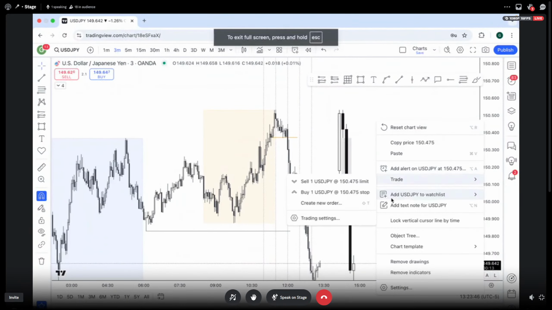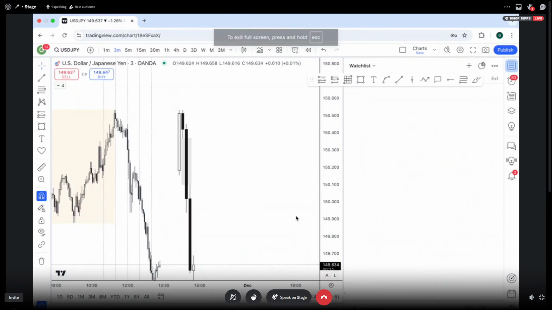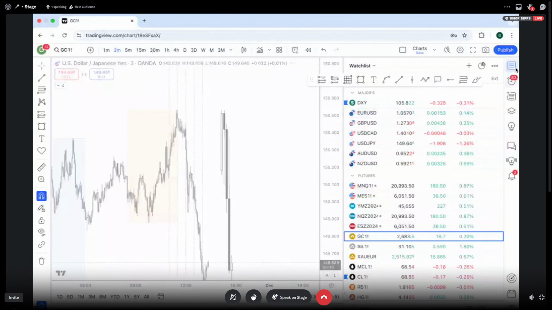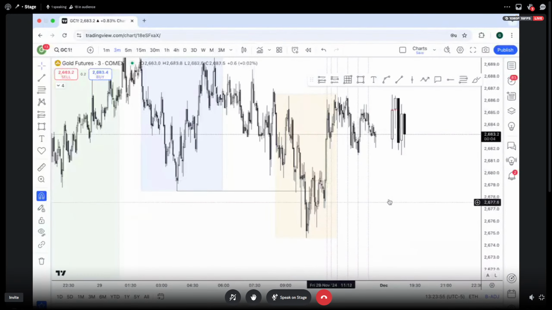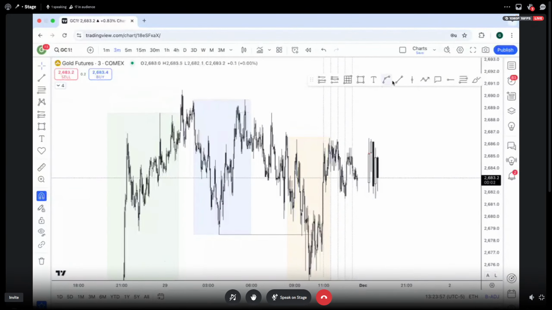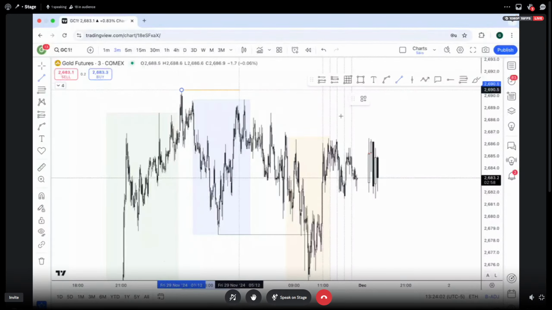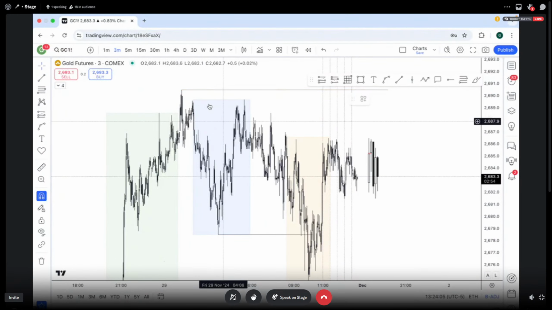Let's get gold. Damn, I wanted a reversal up here, but didn't really get these highs. Is that nice? Oh, this low resistance.